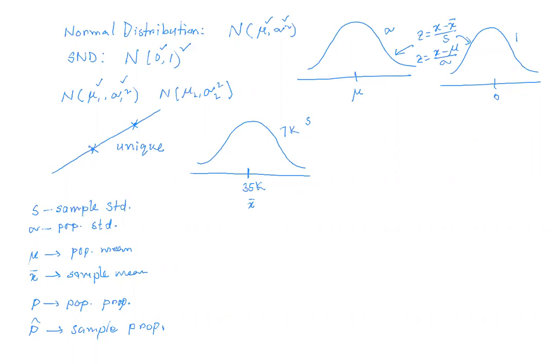All right, now you do remember that for the normal distribution, we have a formula. It is difficult to find probability using that unless you have some sort of computational device. But we have something called the standard normal distribution that has a mean of 0 and standard deviation of 1. We can go back and forth between these two using these formulas. So to find a probability associated with a normal distribution, we convert it into the standard normal distribution.